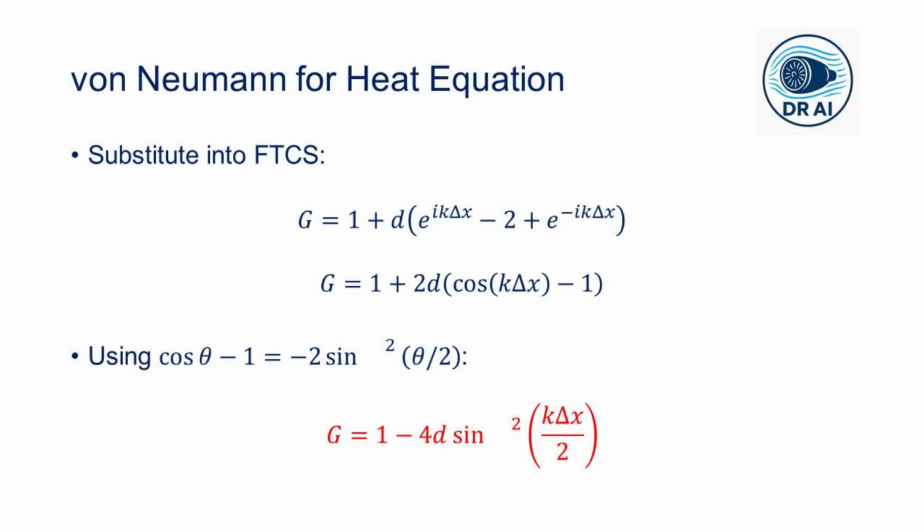Now, moving on and plugging the Fourier mode into the FTCS scheme and dividing both of the sides by the equivalent expression, we can simplify using the trigonometric identity as well, recalling that e^(iθ) + e^(-iθ) equals 2 cos θ.